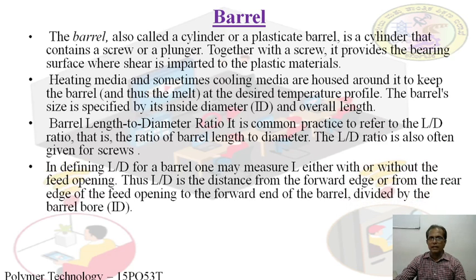In defining LD ratio for a barrel, one may measure length either with or without the feed opening. Thus, LD ratio is the distance from the forward edge or from the rear edge of the feed opening to the end of the barrel.